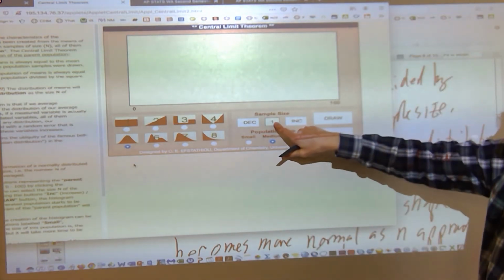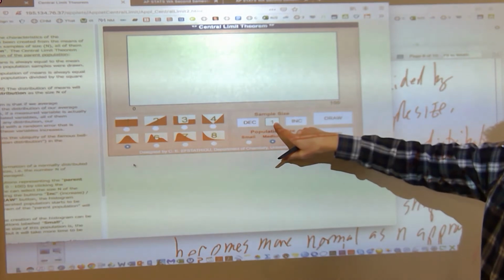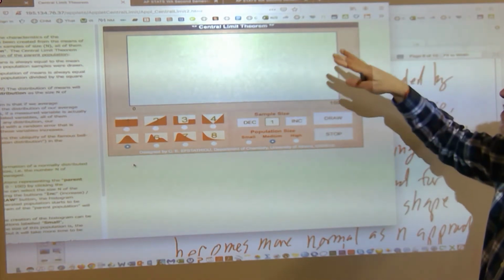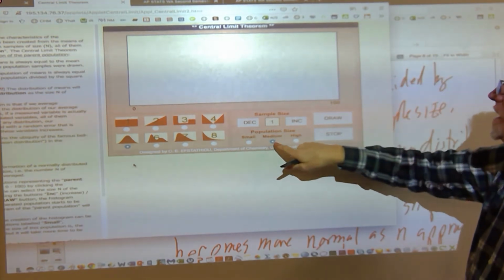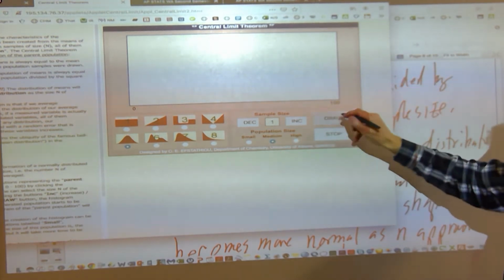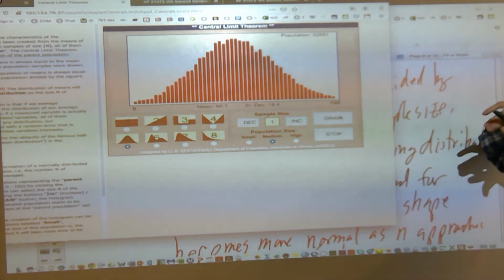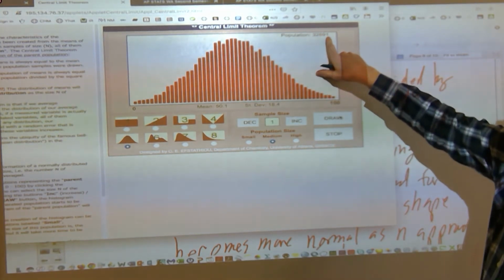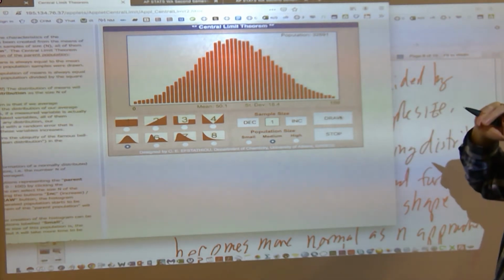And suppose you take samples of size 1. What would the sampling distribution look like? Well, if I press draw, what they do is take samples of size 1 from a population. They take 32,691.